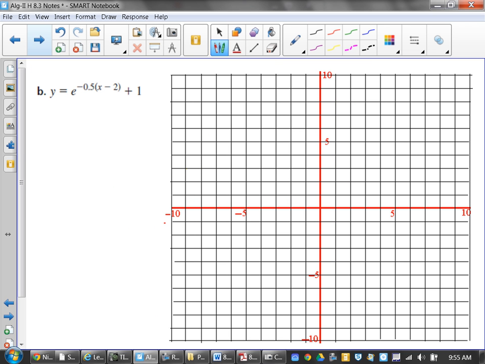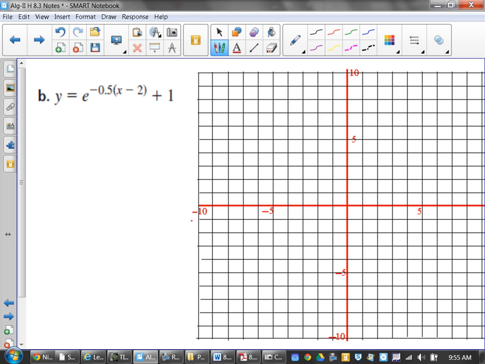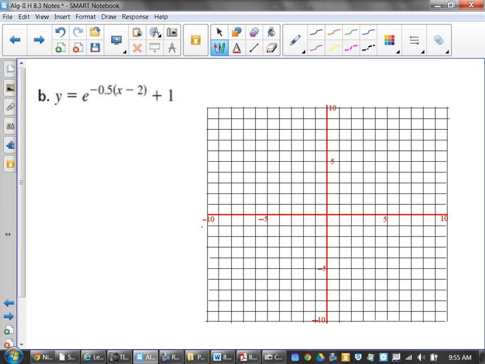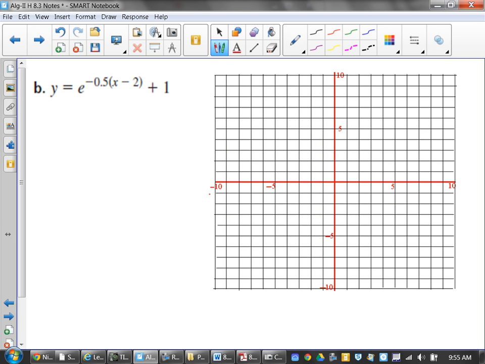Same idea if I want to throw in something with a shift. If I wanted to throw in something with a shift, what would be my parent e graph here? Okay. So my parent would be y equals 1 times e to the negative 0.5x.